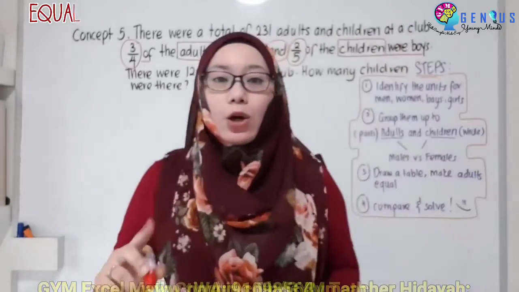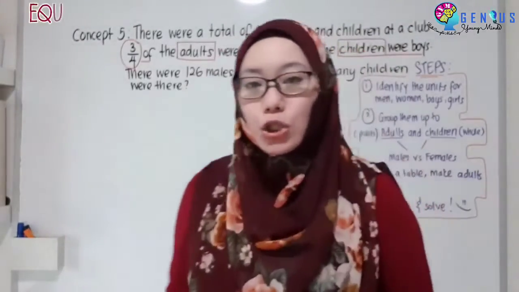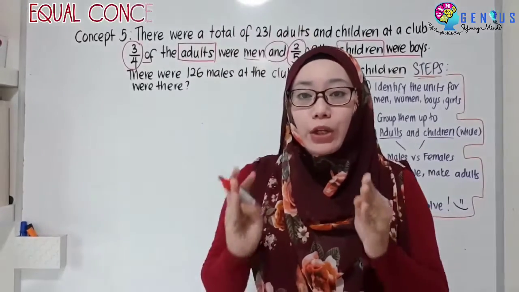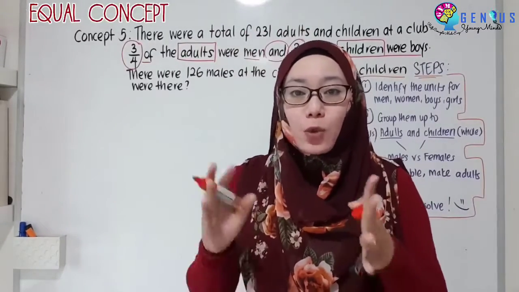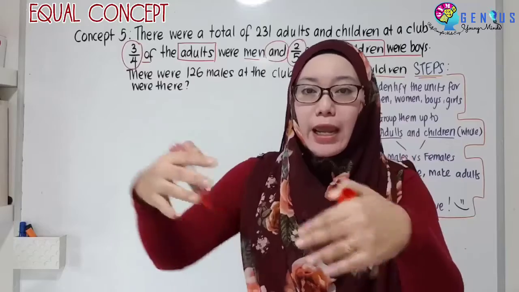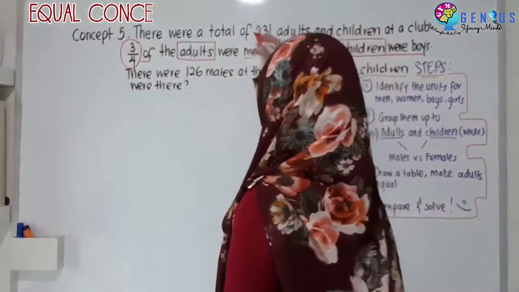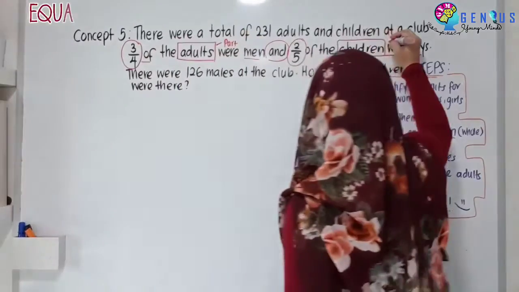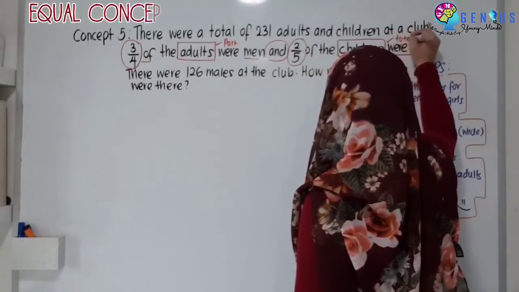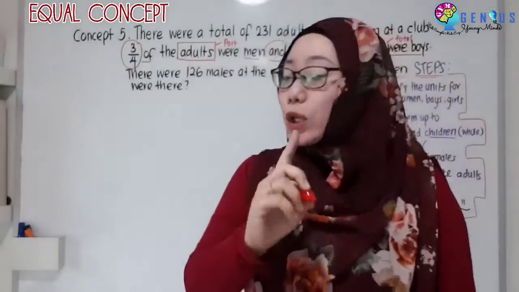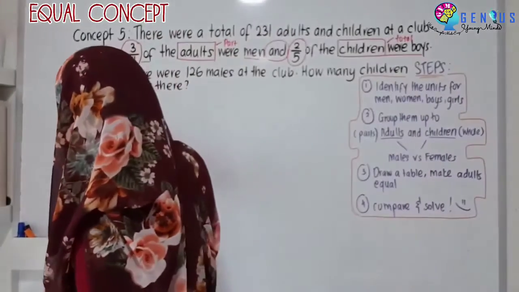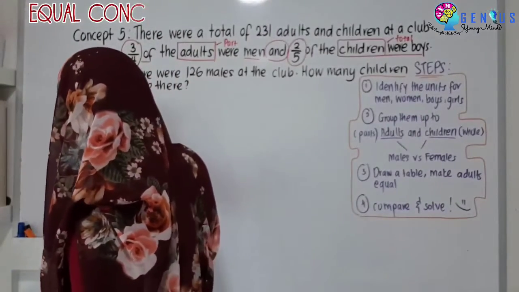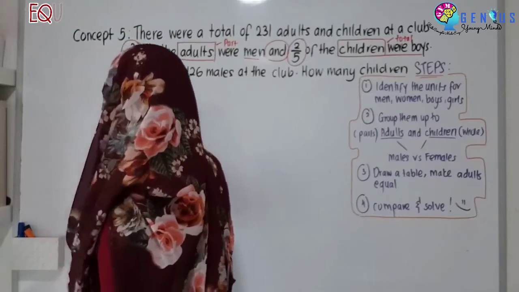Not the men, not the boys, not the girls, not the women. Which means the adults here will be my part, and the children here will be my so-called total, because for equal concept, you need to identify the part and the total in the question.